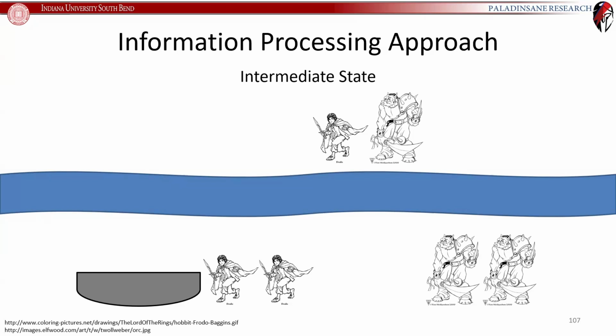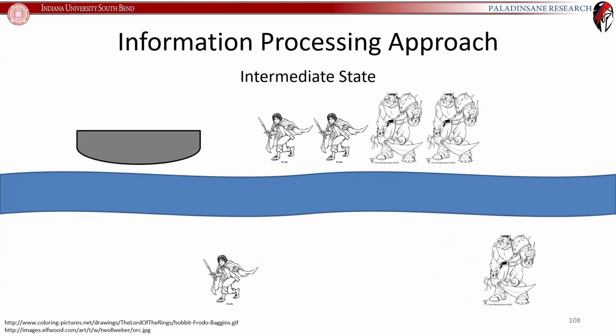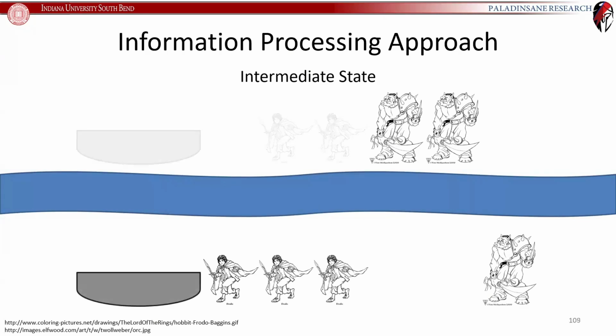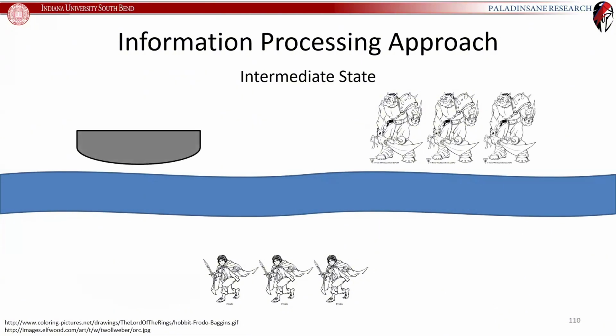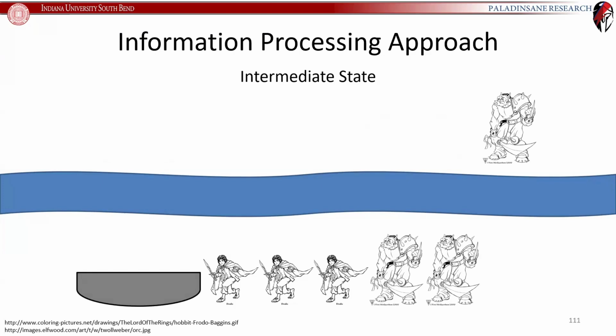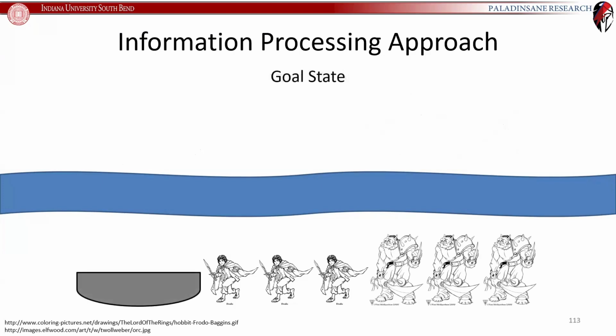The only thing you can do is send back a hobbit and an orc. So this is the only time in the problem where you have to send back 2 individuals. And then once we have that intermediate state, we can send 2 hobbits across, use the orc to send the boat back. Then we send 2 orcs across, use the orc to send the boat back, 3 orcs across, and we've reached our goal state.